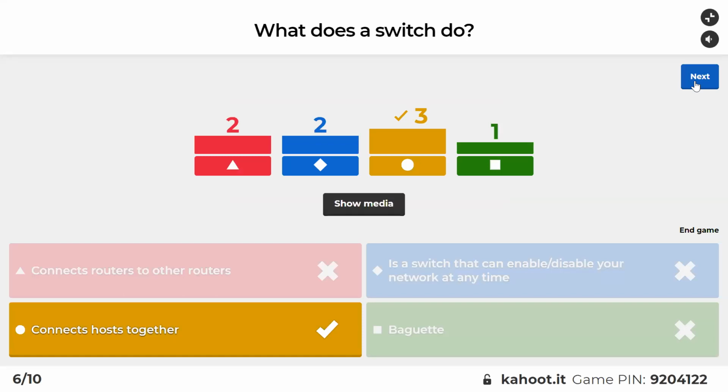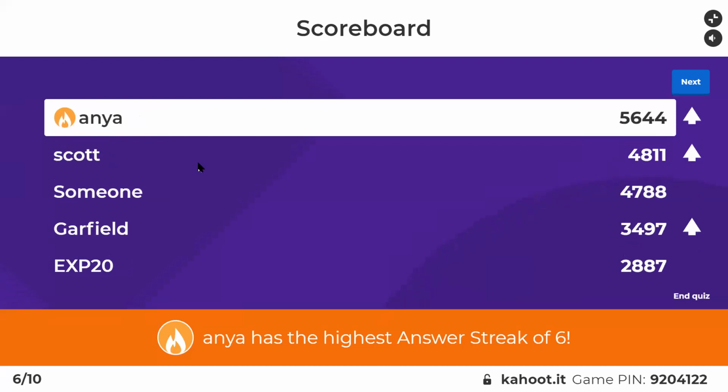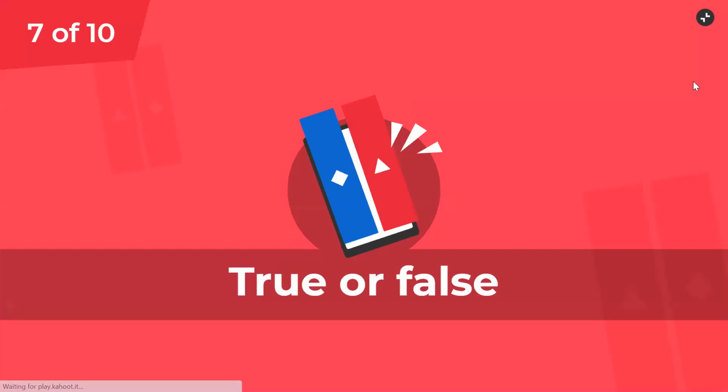The switch will connect hosts together. Routers can connect with other routers by themselves. They do not need a switch to do that. And blue, a switch sounds like an on and off thing, but it isn't. It literally just connects hosts together. So keep that in mind. Also, someone chose green. Questionable choice, but oh well. Okay, Anya and Scott have moved up, and Garfield as well.